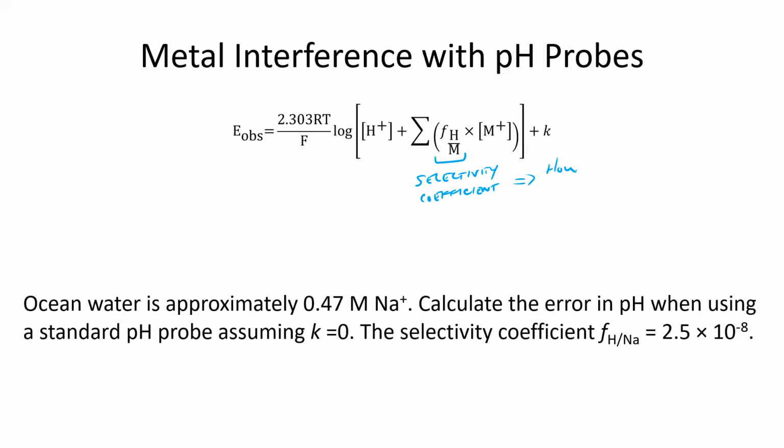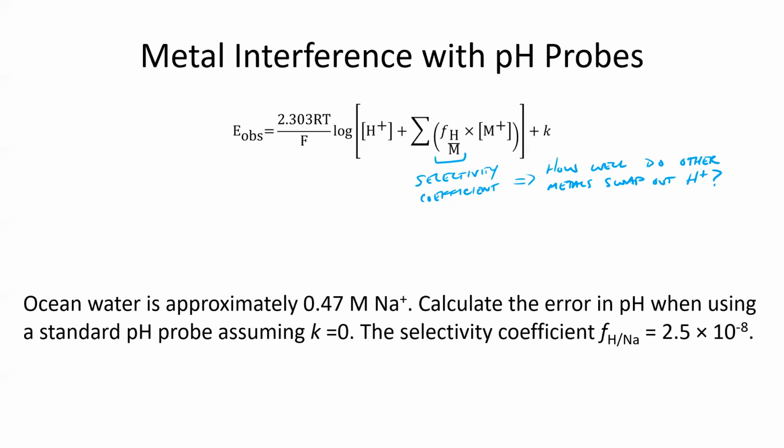And essentially, it's how well do other metals swap out hydrogen. Right? So if we're measuring pH, we want the hydrogens to join in that glass layer, that glass membrane. But if other metals are doing that, that's going to affect our pH. Right?